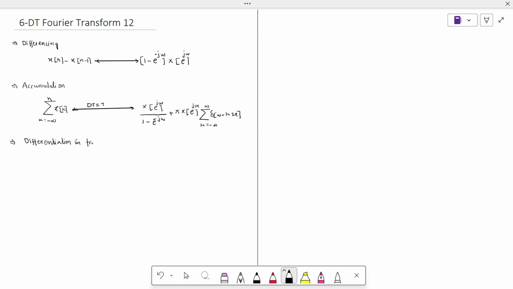Directly, I am writing that n into x of n has the discrete time Fourier transform j into d by d omega of x of e power j omega. So this is the case.